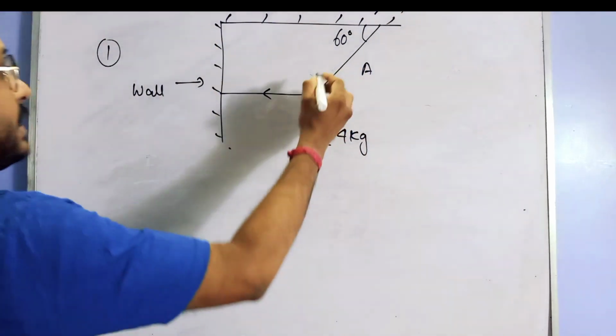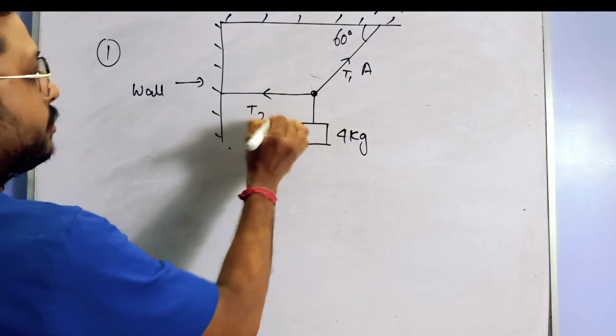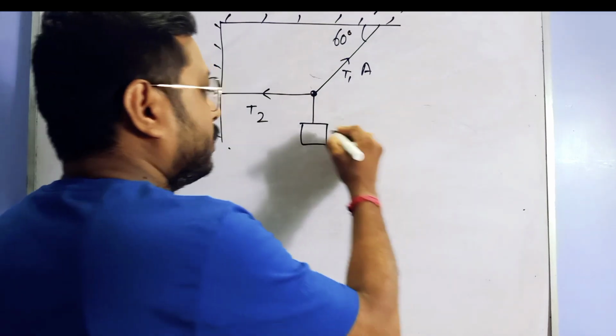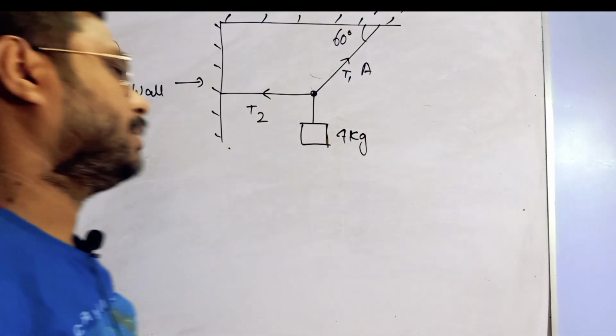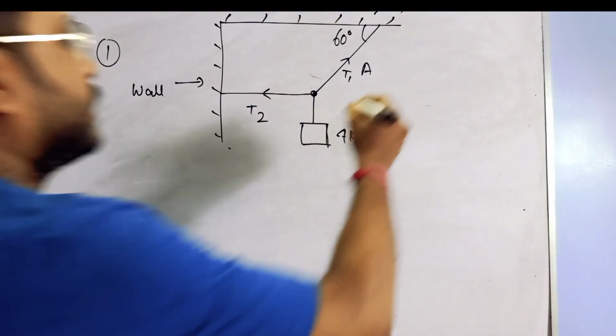The tension in string A is T1 and the tension in string B is T2. Find out T1 and T2 as the block is in equilibrium. So what is the value of T1 and T2?